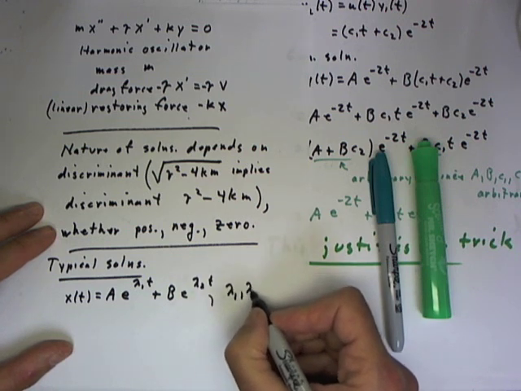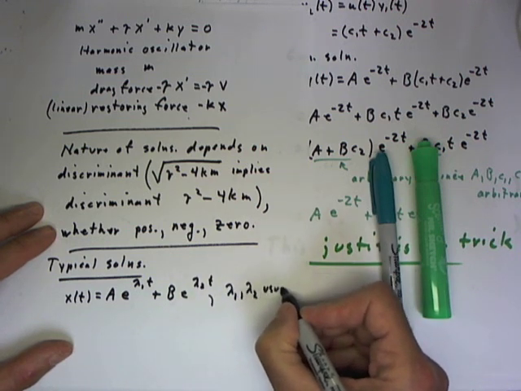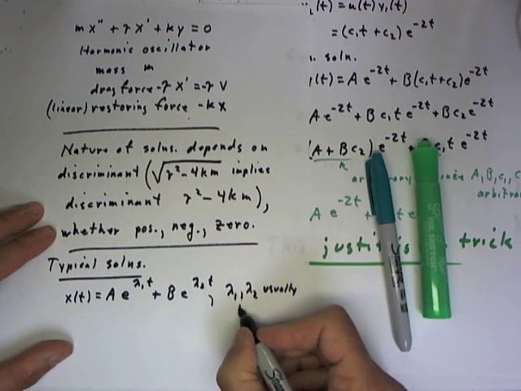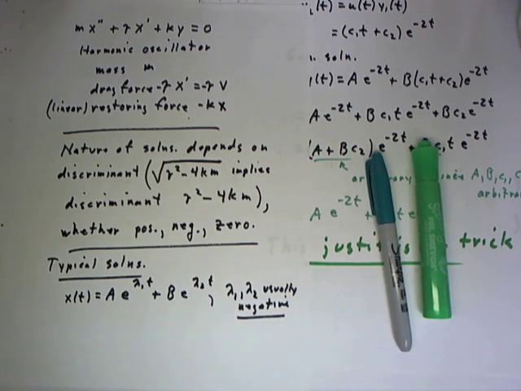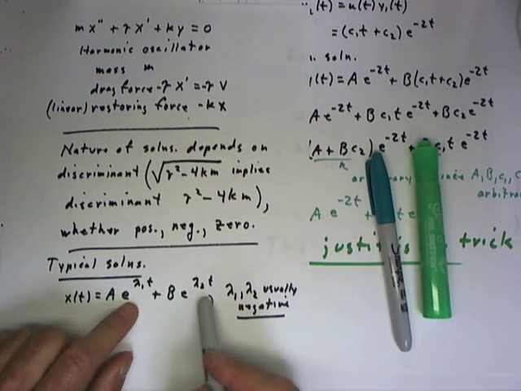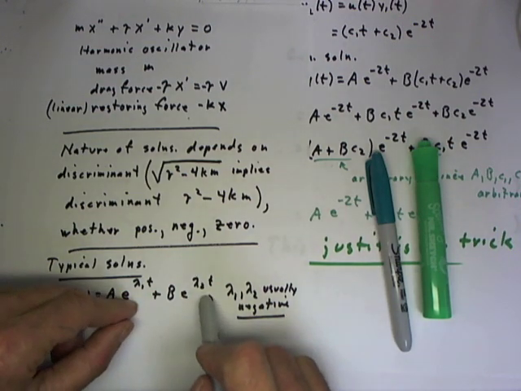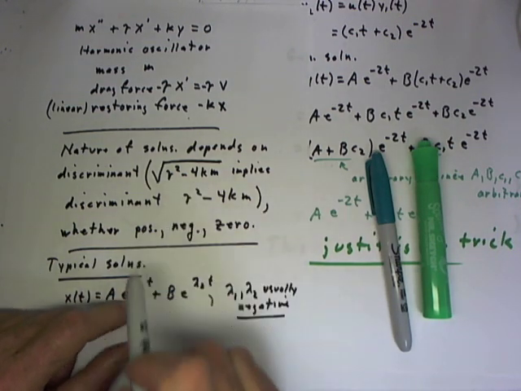Lambda 1 and lambda 2 will usually be negative, and this type of solution will typically occur if you have a positive discriminant.